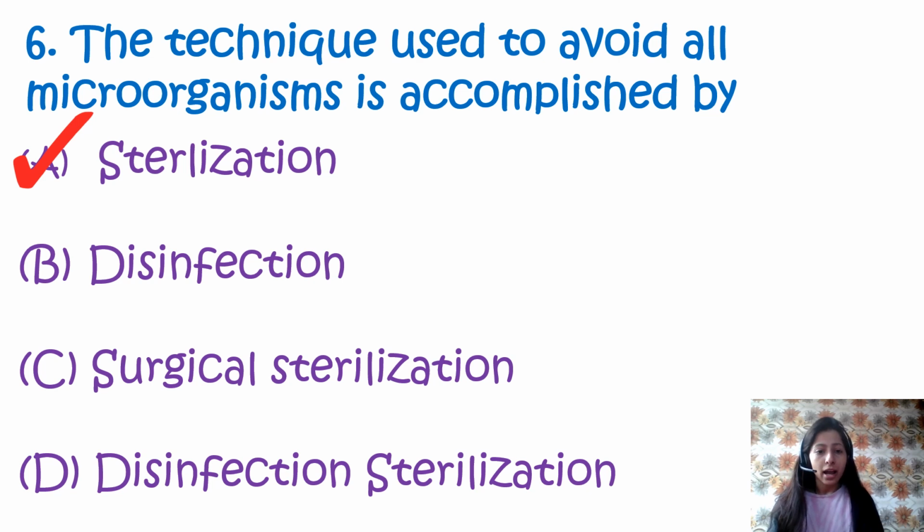And what is disinfection? It is not necessary that it kills all the microorganisms, but it reduces the number to an acceptable limit, so that it does not harm human health. So my correct option will be option number A, that is sterilization.